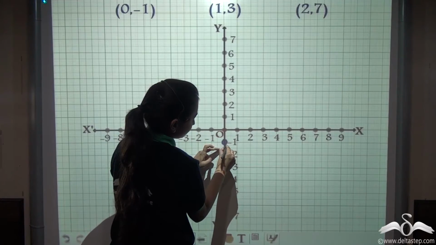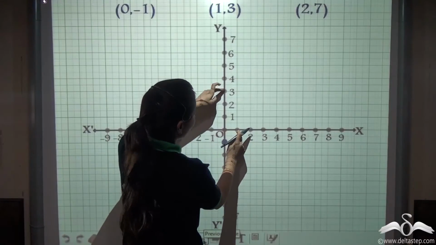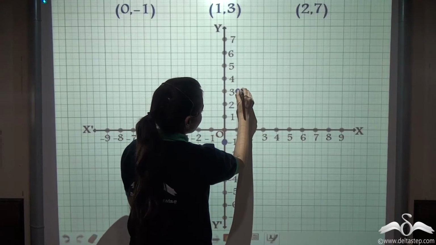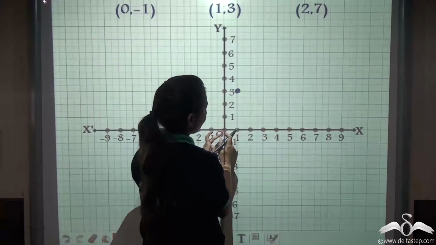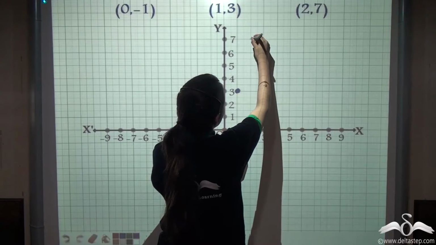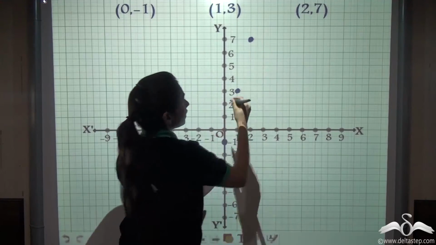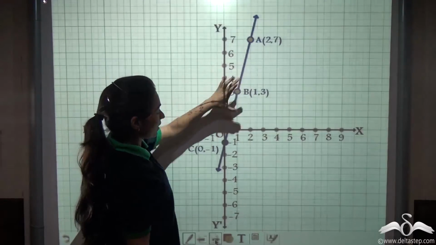So we get this. Then (1, 3): 1 on the x-axis and 3 on the y-axis. And (2, 7), that means 2 on the x-axis and 7 on the y-axis. Let us name these points A, B and C.